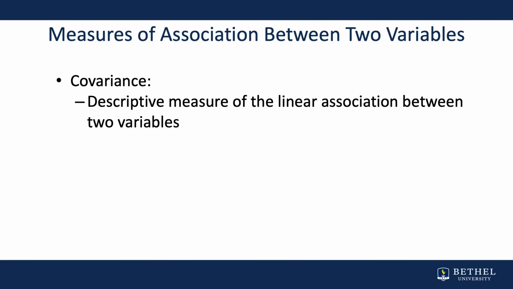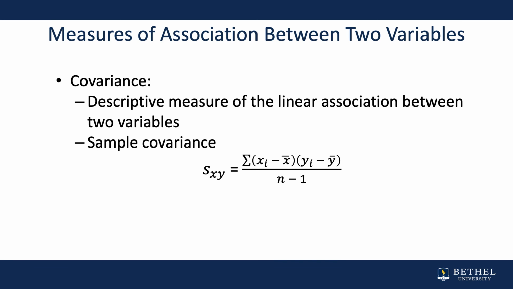One of the things we have to look at in observing scatter charts is covariance. Covariance is the descriptive measure of the linear association between two variables, the linear association. To calculate the covariance for a sample size of n, in other words, whatever number of observations you have, you take each of the observations, which should have an x and a y coordinate.